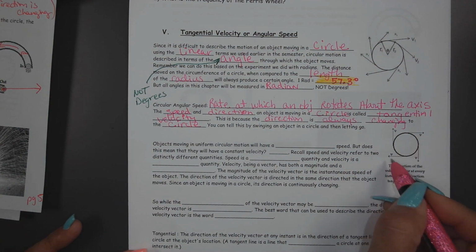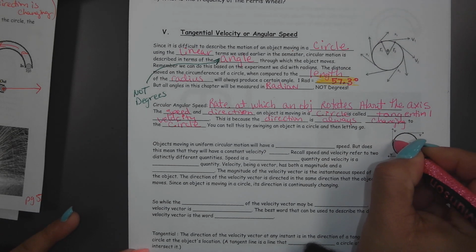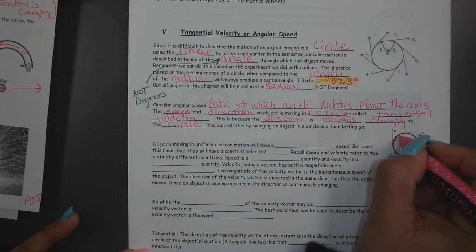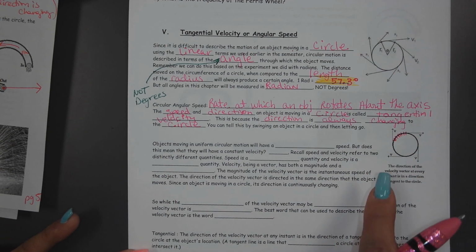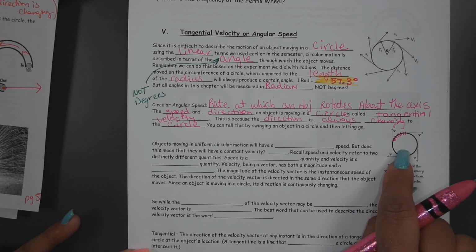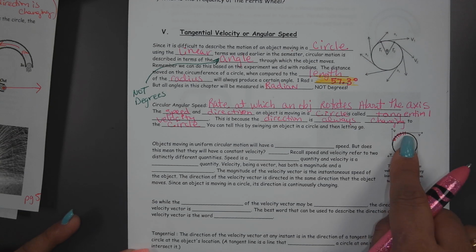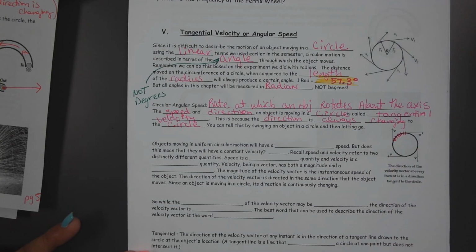So to create a circle at every given spot, this spot, this spot, every single spot, it has to change its direction. If it doesn't change its direction, then it's going to shoot straight out in what we call a tangent line.